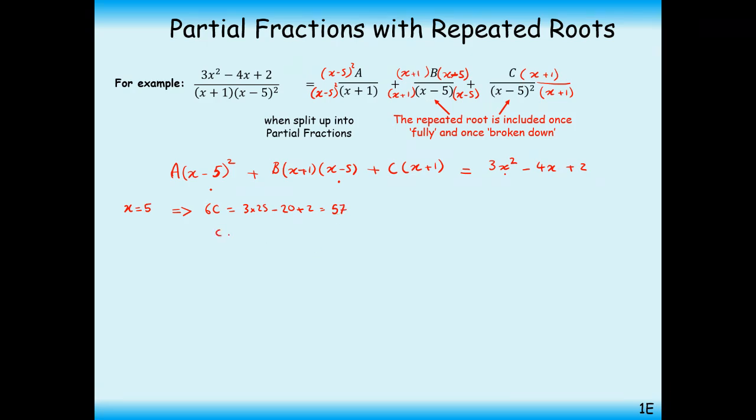Now 57 doesn't divide by 6 straightforwardly, but it gives us 19 over 2 or 9.5. We can write 19 over 2.